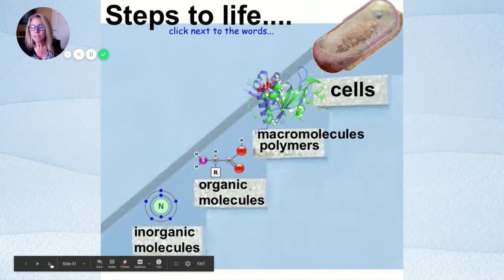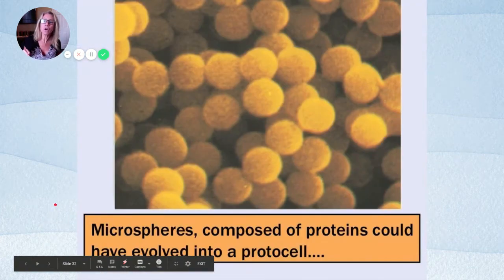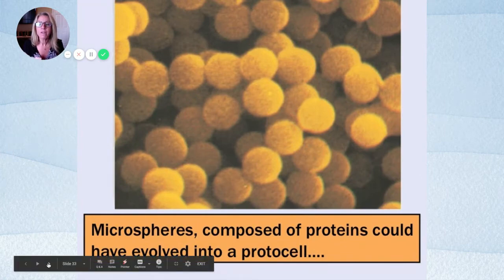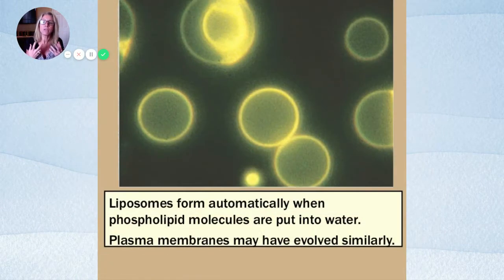And where you see this already is there are things called microspheres, which is when hot proteins are cooled rapidly. They will form these sphere shapes, these protein spheres. And then there's something called Oparin's coacervate droplets, which is when fats form spheres. This could have been the beginning of an early cell, because cells have a phospholipid bilayer with proteins embedded in it.